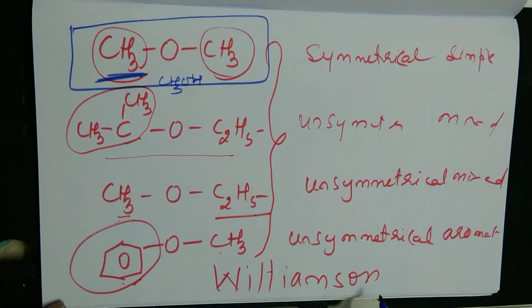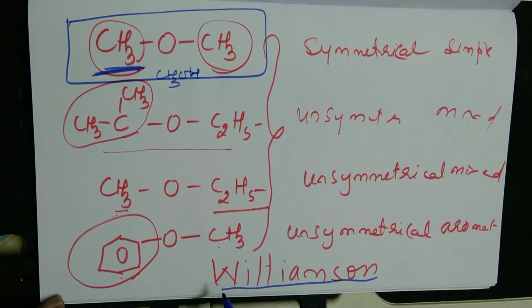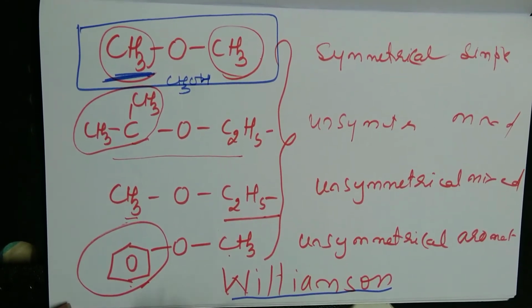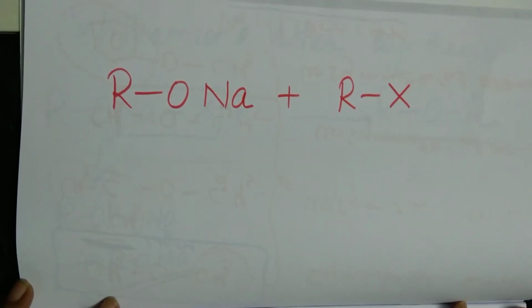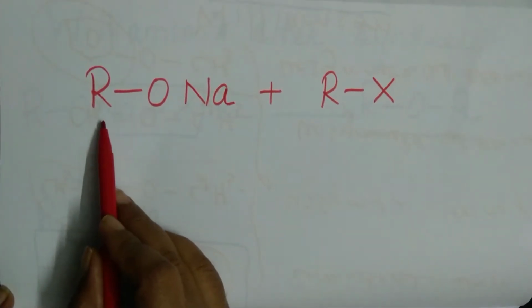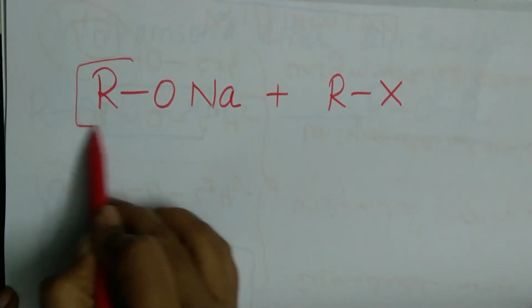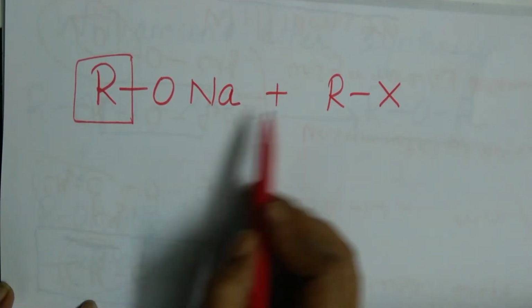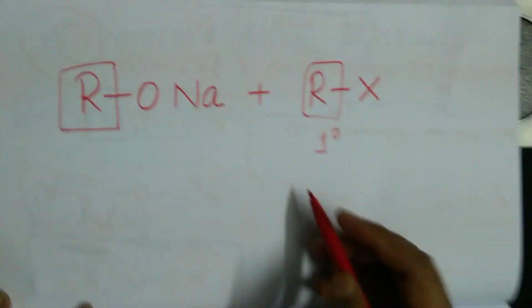Okay. Now we need to remember the conditions while preparing these ethers using Williamson's method. Whenever you are preparing mixed ethers wherein the alkyl group can be primary, secondary, tertiary or aromatic, you are going to change the R of your alkoxide, and the R of the alkyl halide should always be primary.